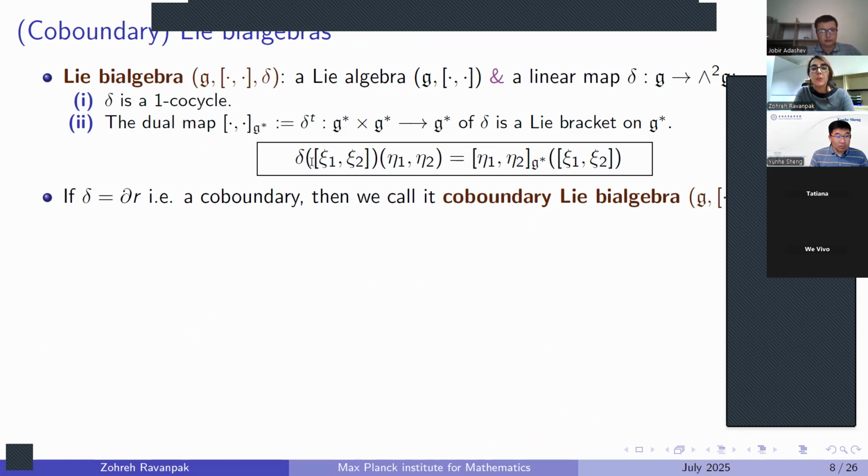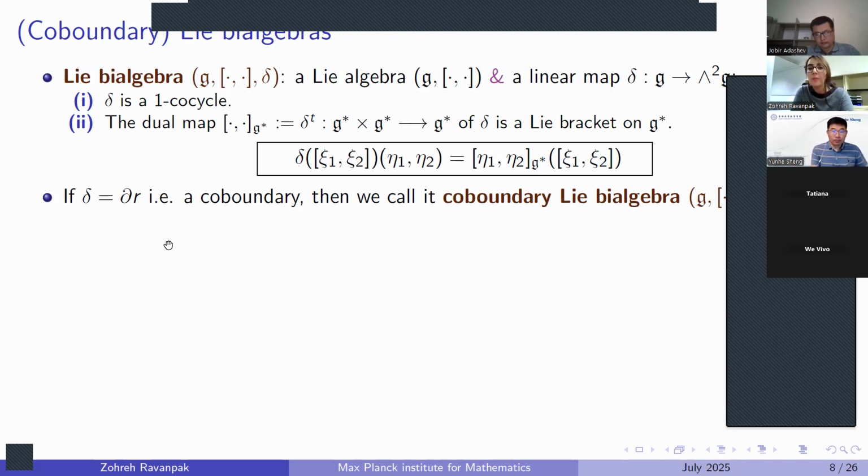And then the cocycle and that bracket talk together via this relation. So sometimes we show a Lie bialgebra by a Lie algebra with a cocycle delta, and sometimes we show it by the pair of Lie algebras, G and G star, where by G star we mean the dual of a 1 cocycle, which is delta in our notation.